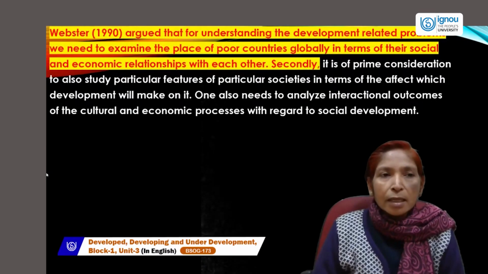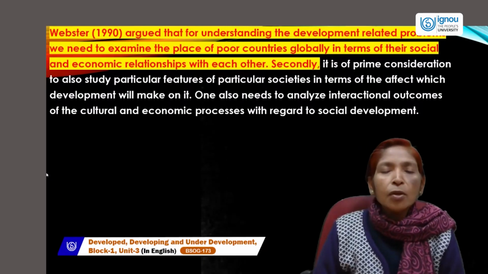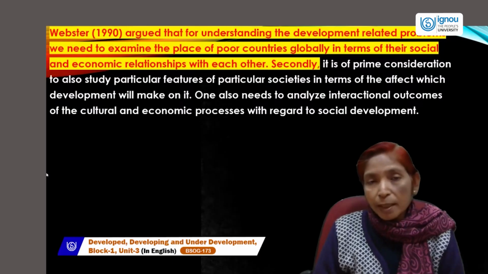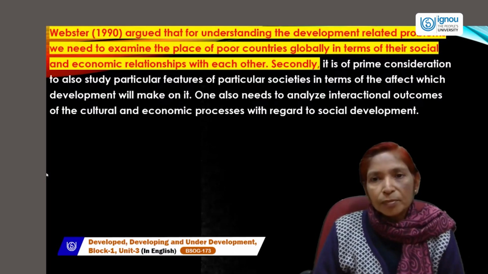Webster in 1990 argued that for understanding development-related problems, we need to examine the place of poor countries globally in terms of their social and economic relationship with each other.